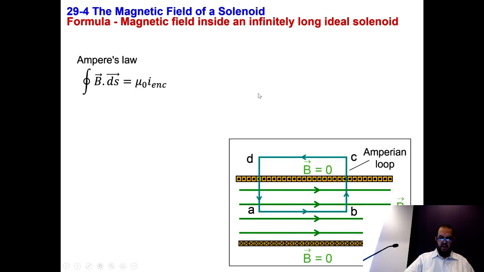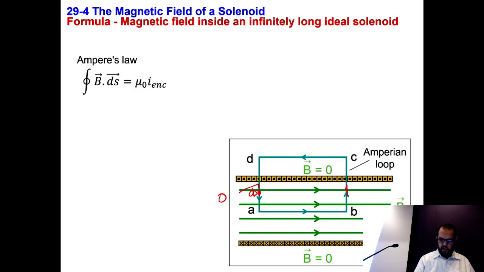So we can break this integral into 4 elements along each of these paths. You notice from the symmetry of the problem, and we know the direction of the magnetic field, that B dotted with ds over this section is 0, because B is perpendicular to ds. If you draw ds like this, it's perpendicular.